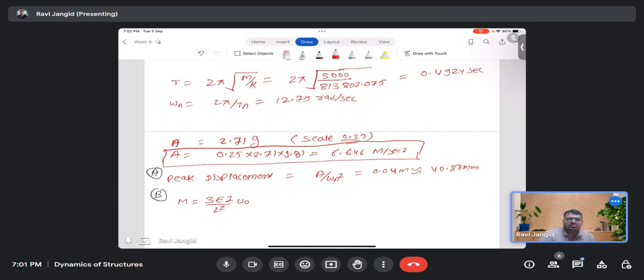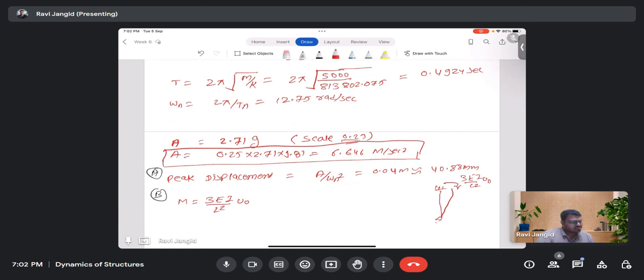If someone has any doubt: if you have a one end support, and it is coming like that, then the moment is given as 3EI by L square U naught. That's why I write it.